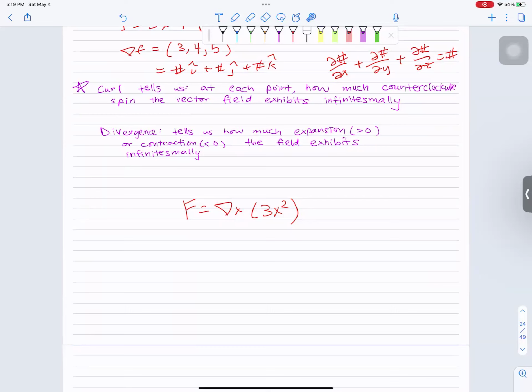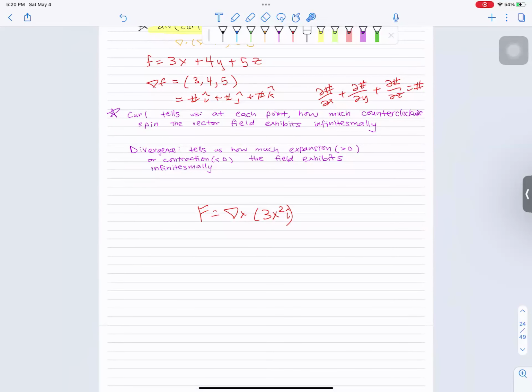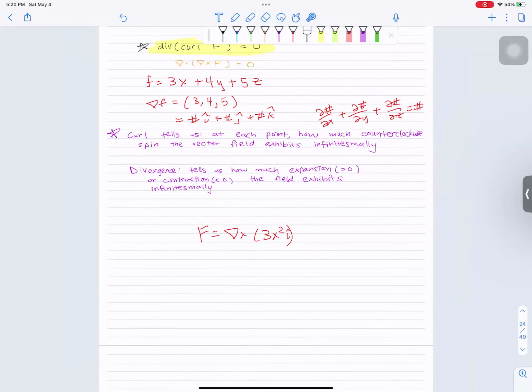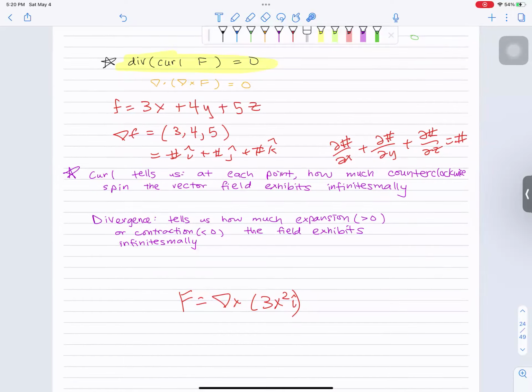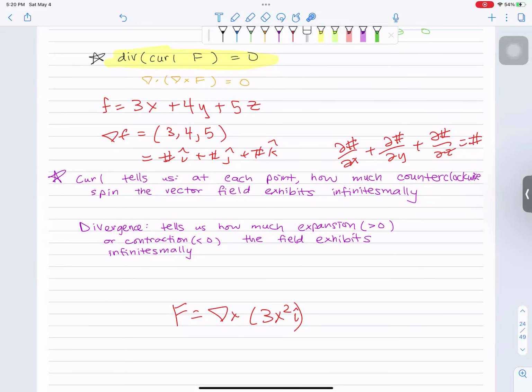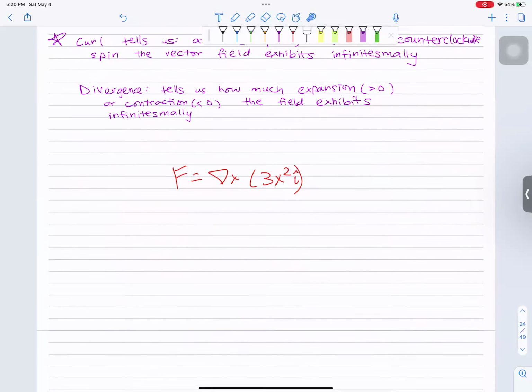So if they wanted you to find the curl of 3x squared, that means they want you to actually find the curl. But yeah, send me an email with that question and I'll look more into it.